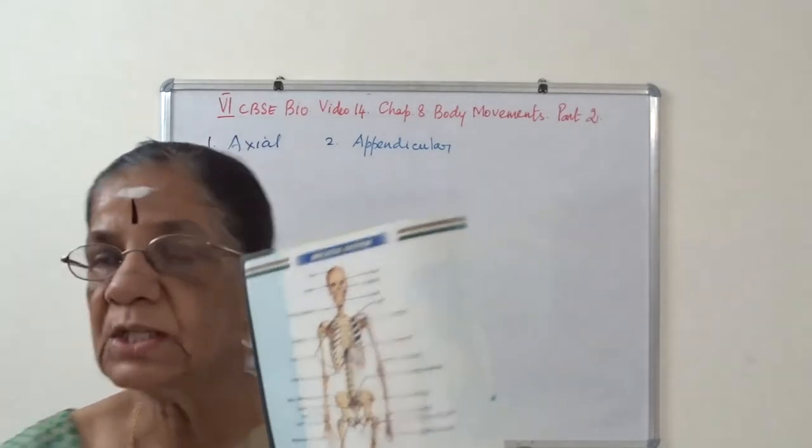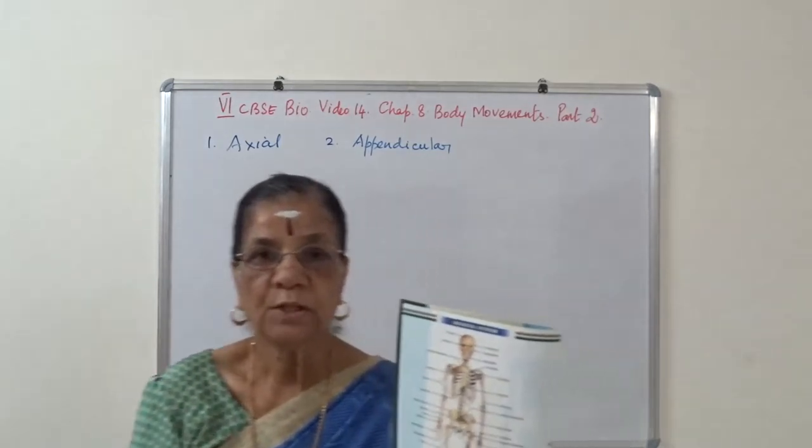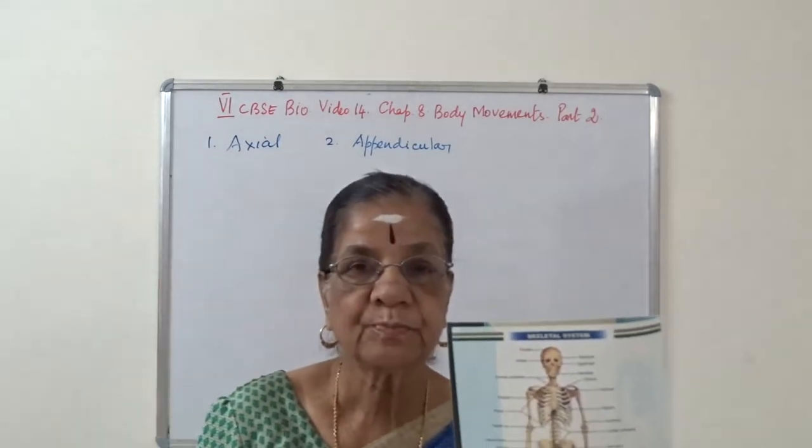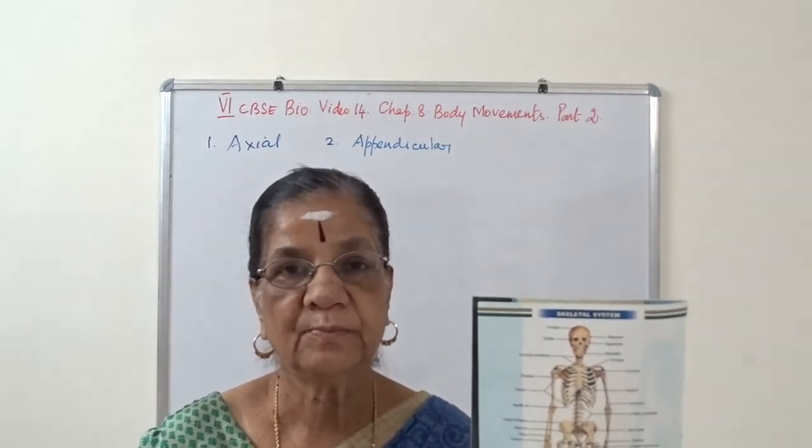These three constitute the axial skeleton: the skull, rib cage, and vertebral column.